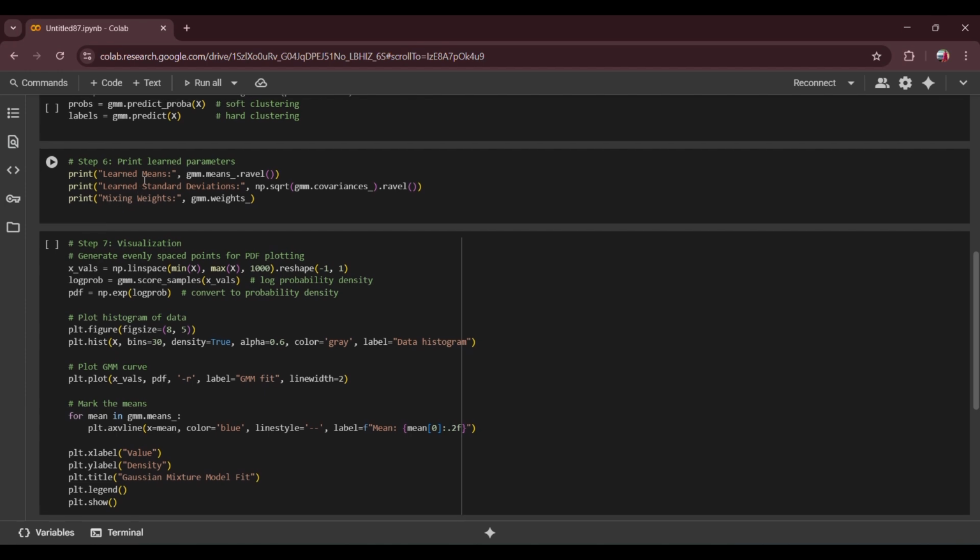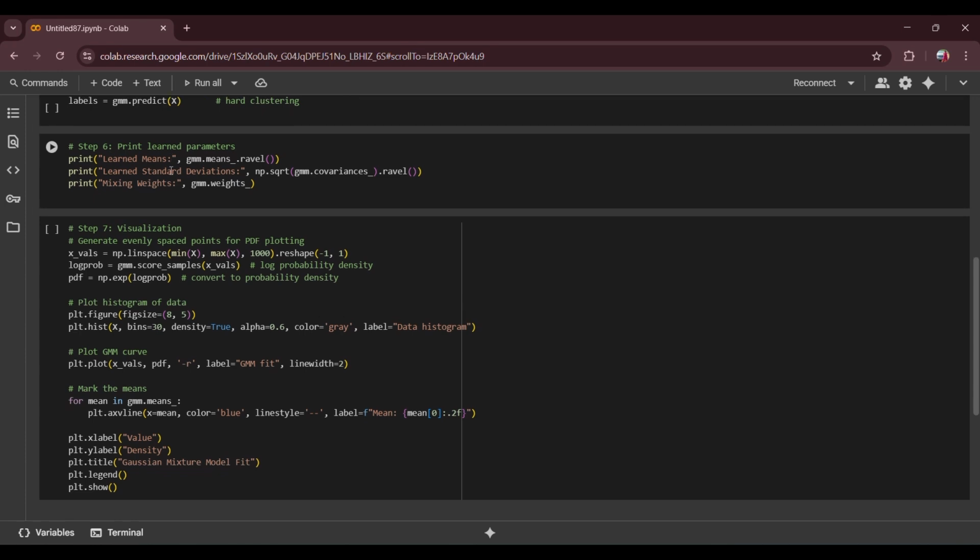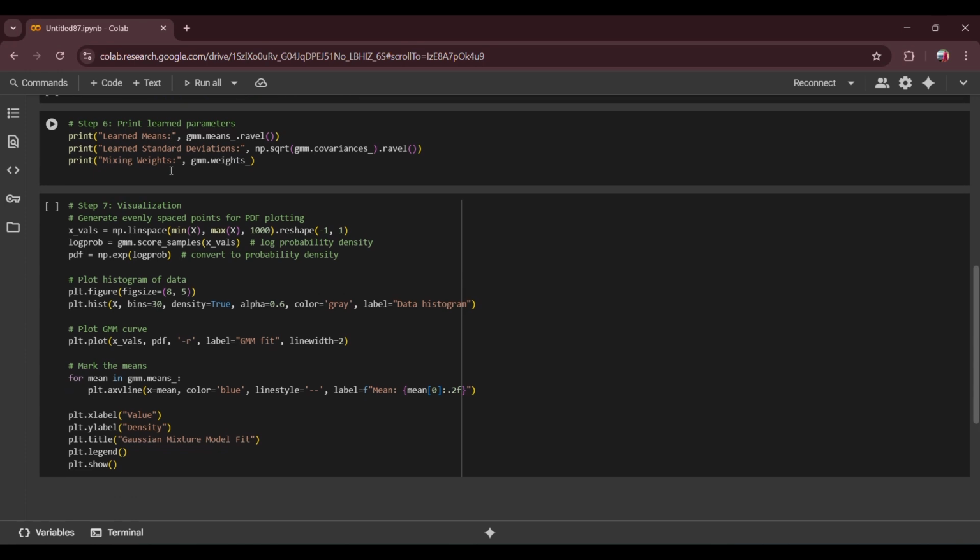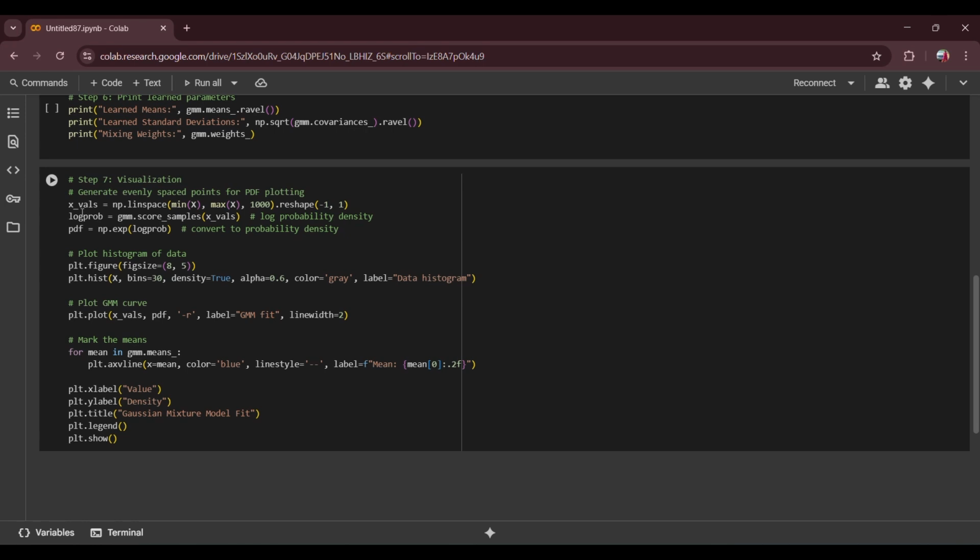Then in step 6, we have printed the learned parameters. The means are the center of each Gaussian, the standard deviations are how spread out each Gaussian is, and the mixing weights are the relative importance of each Gaussian in the mixture. Then, if you see this, x_vals creates 1,000 evenly spaced points between the smallest and the largest values in our data.